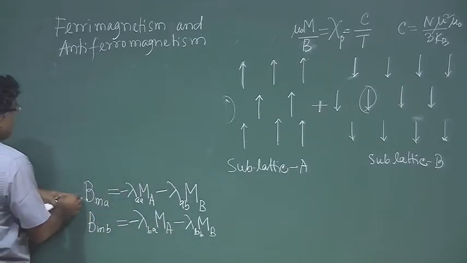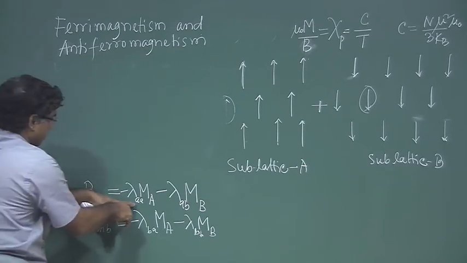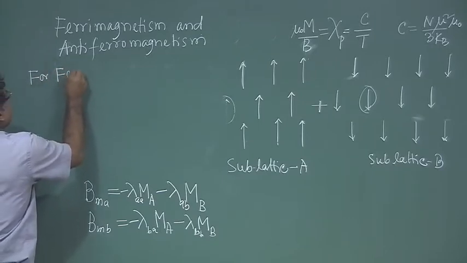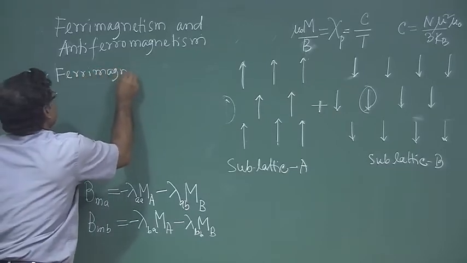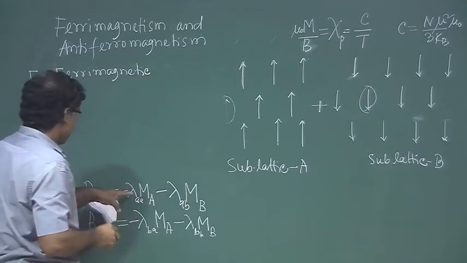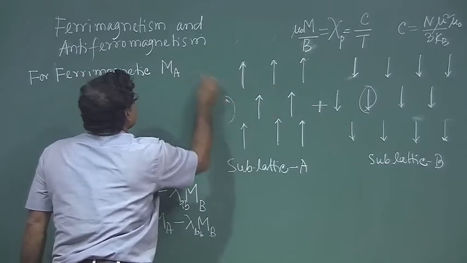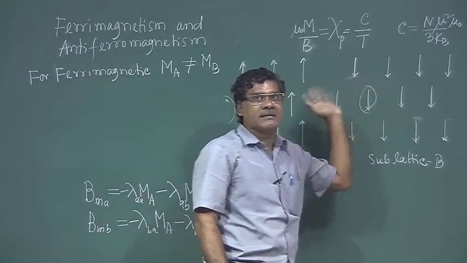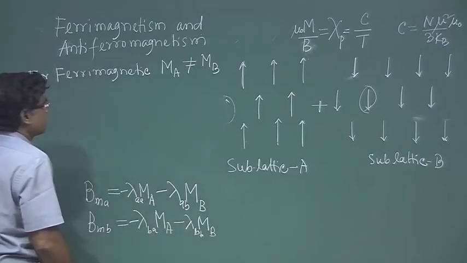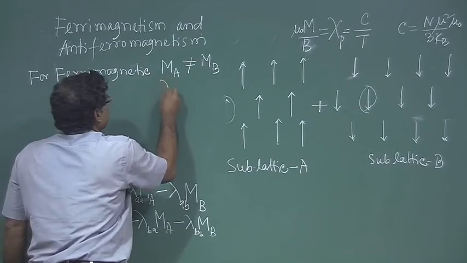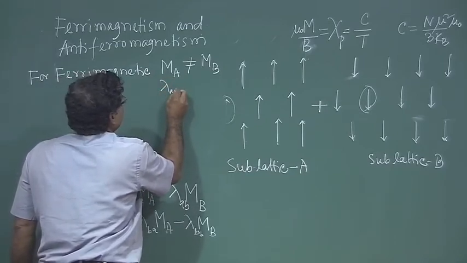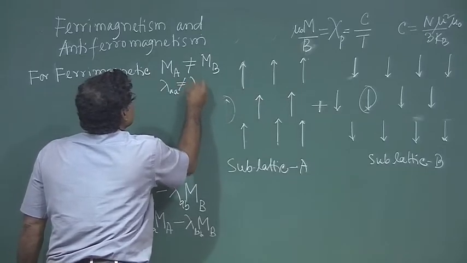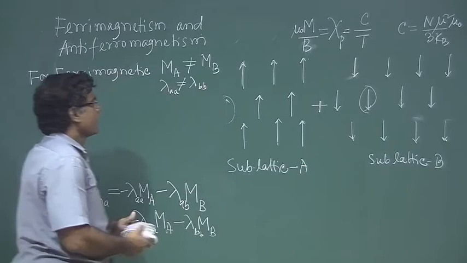So, see this B equal to this lambda A A for say ferrimagnetic, M A, magnetization of this A site is not equal to M B, okay, because their magnitude are different, their density may be different also, but lambda A A is lambda A A in exchange interaction, the strength here is not equal to lambda B B, okay, because their magnitude are different.